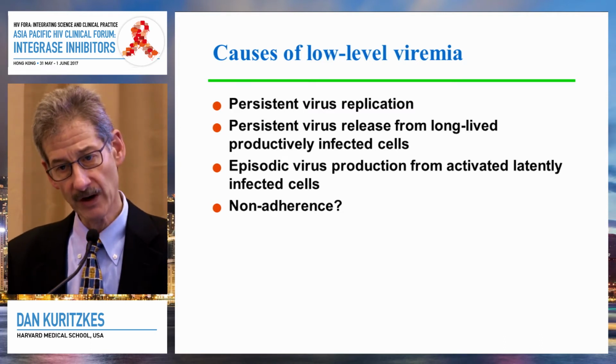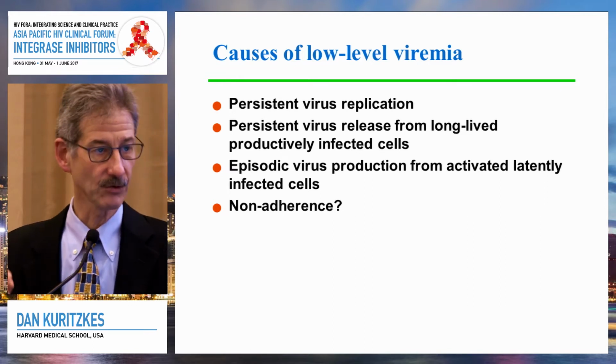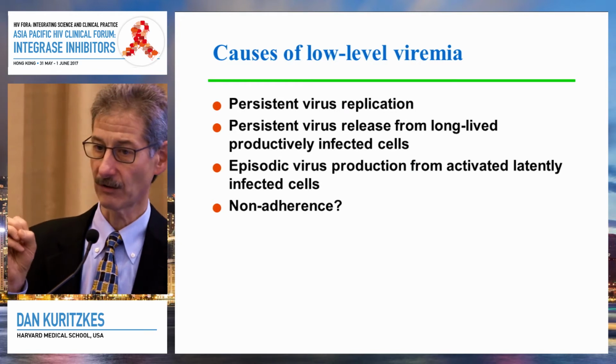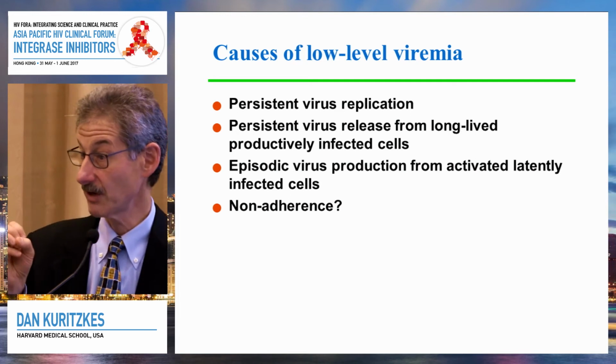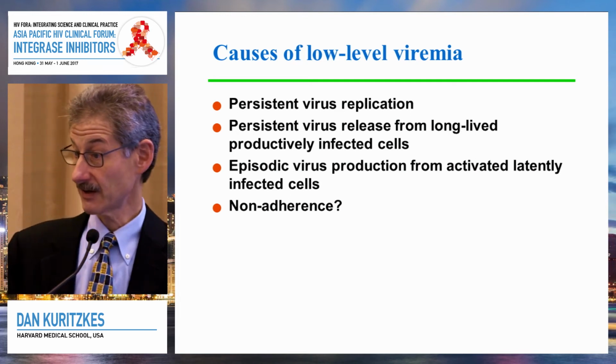And there's more and more evidence that in those patients, this does not represent actual replication of virus. It's that cells are activated and are releasing virus, and enough cells are getting activated, enough virus is being released that it's measurable in the plasma. But that virus is dead-end virus.